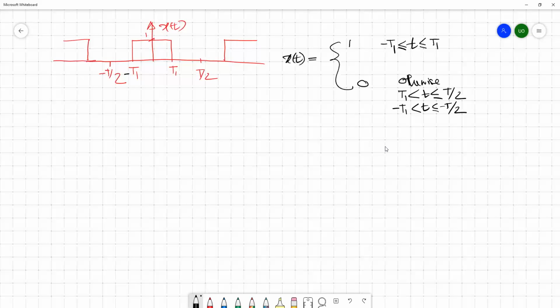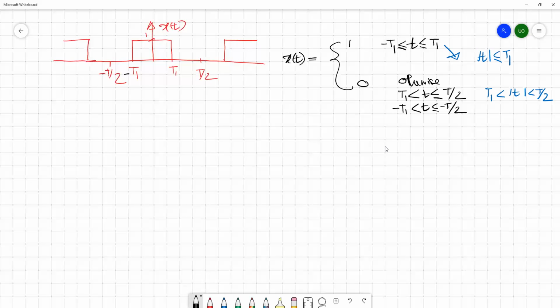Okay, so we can rewrite this using the mod operation. So we can rewrite this using this, mod t is less than or equals to t1, and here you can simply say that t1 mod T. So both represent the same data. So this is the function which we are referring here.